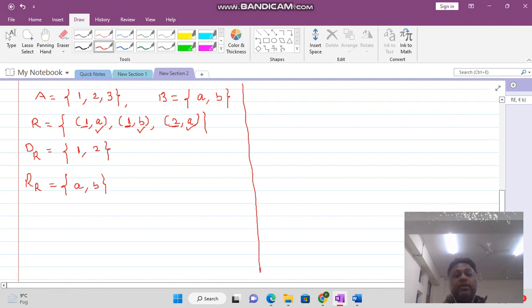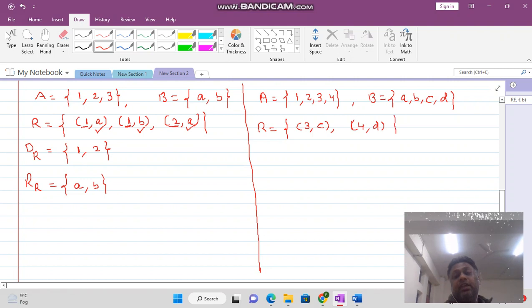So we solve one more example. Suppose that in set A we have elements like 1, 2, 3, 4, and in set B we have elements like a, b, c and d. Suppose we have only these elements in the relation, (3, c) and (4, d).